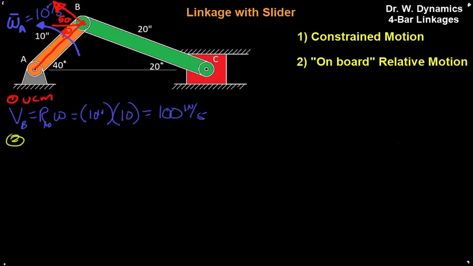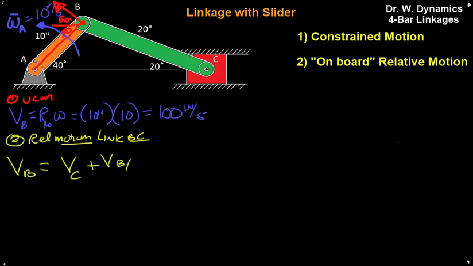Now we'll apply step 2, relative motion of link BC. We can say the velocity of B, which we know, is the velocity of C plus the velocity of B with respect to C. And I like to sketch this out graphically here at first.